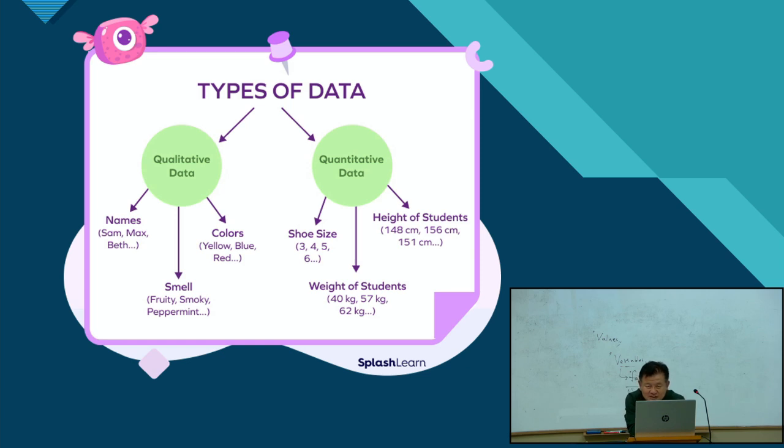So the United States uses a very different measure system for weight and height. Pound is very difficult to use, and the temperature is also Fahrenheit. The height is feet.